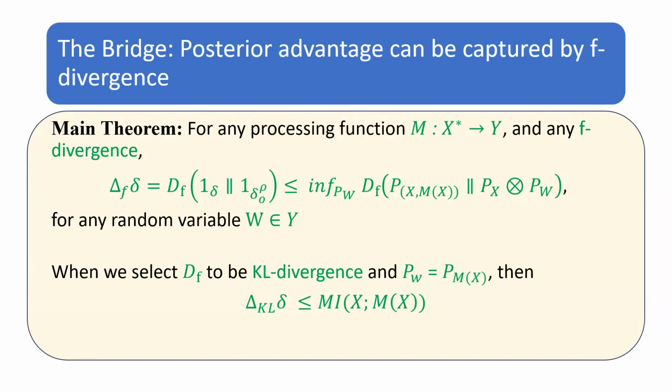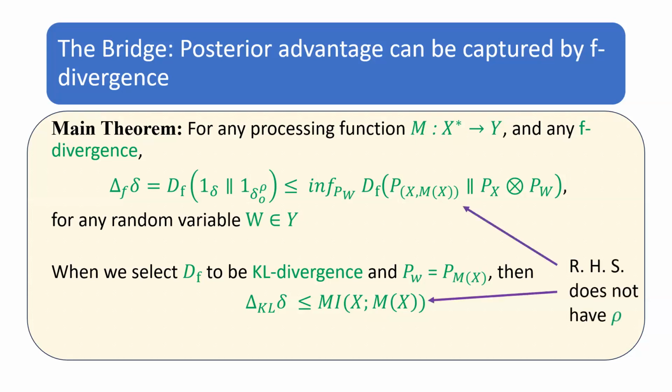It basically says the f-divergence measuring the posterior advantage is upper bounded by the f-divergence between the joint distribution of your input X and output M(X), and the product of the marginal distribution of your input X and the distribution of W. W is an arbitrary random variable on the same output domain of your mechanism M. In particular, if we select the f-divergence to be KL divergence and W to be the output distribution, then we get that the KL divergence based posterior advantage is upper bounded by the well-known mutual information.